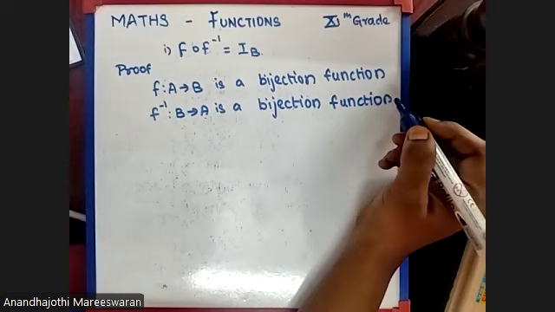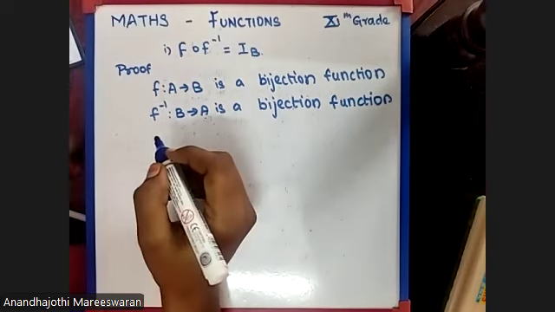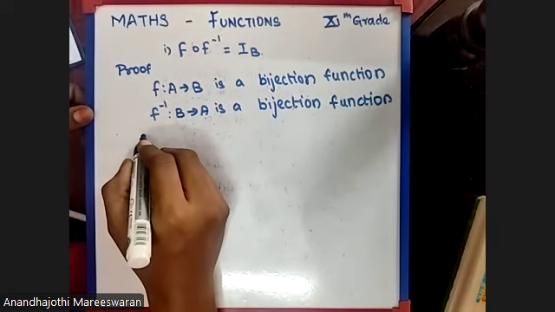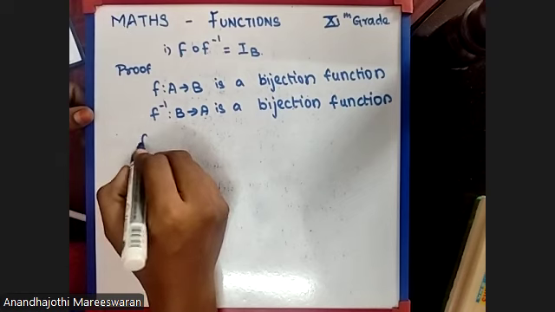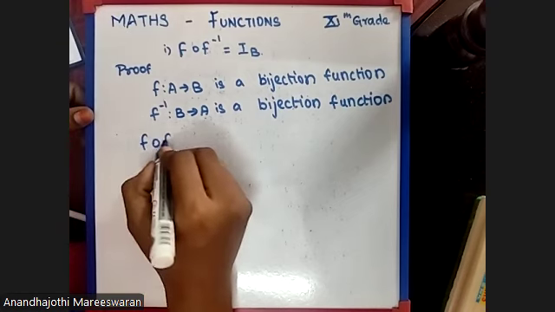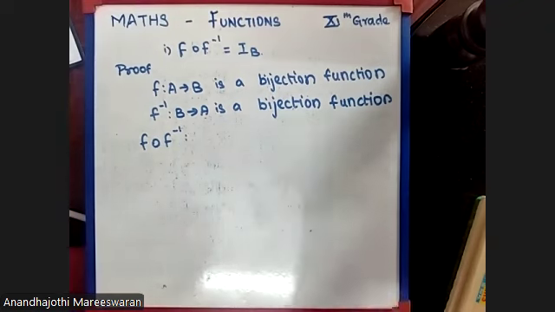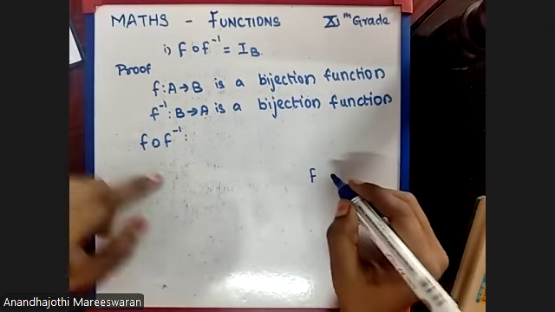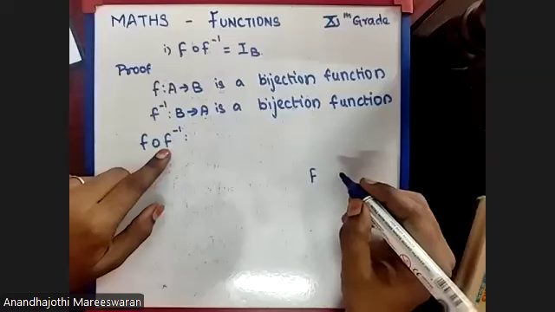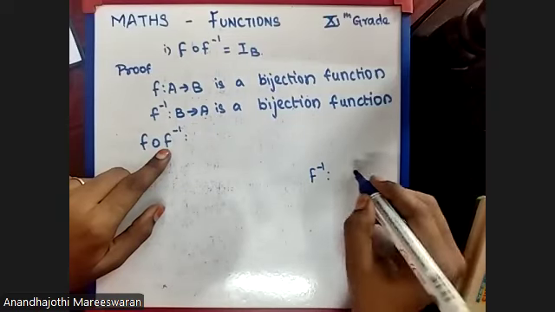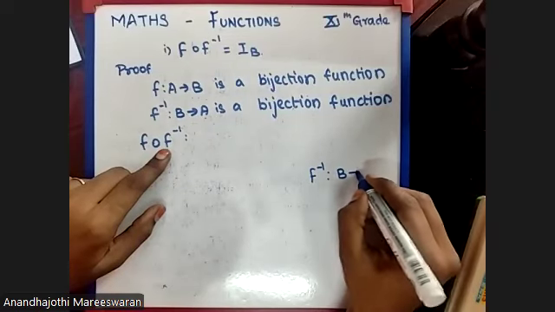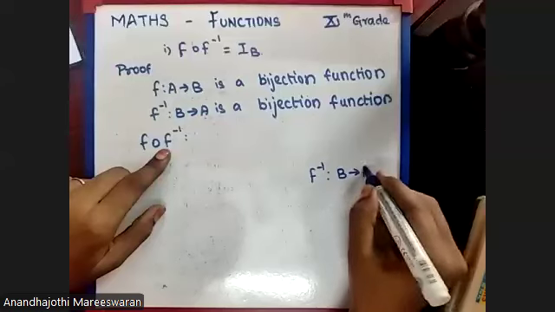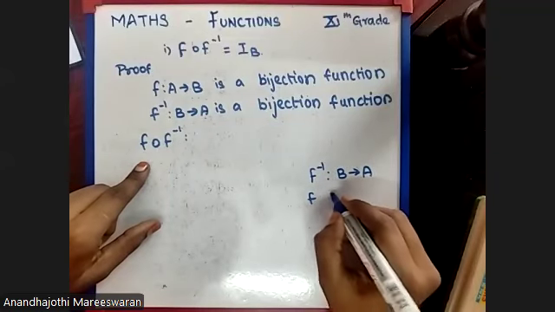Clear? Clear. So what are we going to find? We are going to find the domain for f circle f inverse. Shall we find it separately? Okay. So who is on our right hand side? f inverse. f inverse maps B to A. What about f?